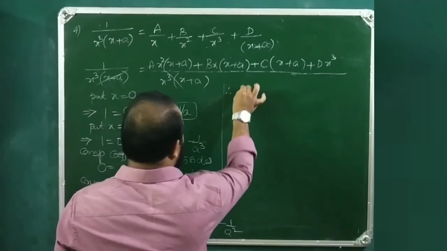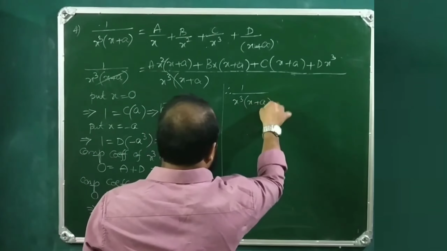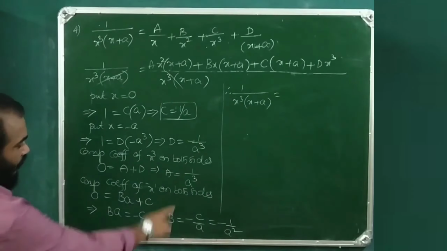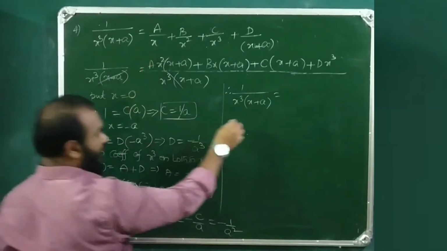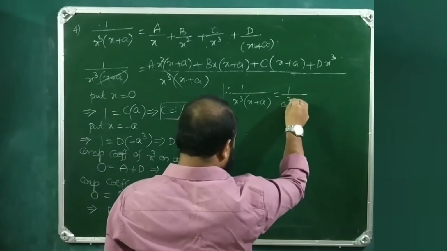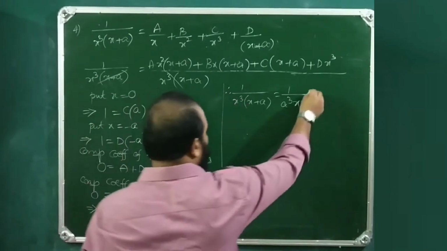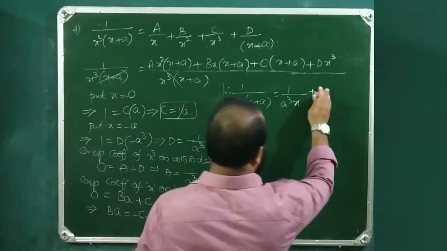Therefore, 1 by x cube into x plus a is equal to, the value of a is 1 by a cube, 1 by a cube by x. So 1 by a cube x plus b value is minus 1 by a square into x square.